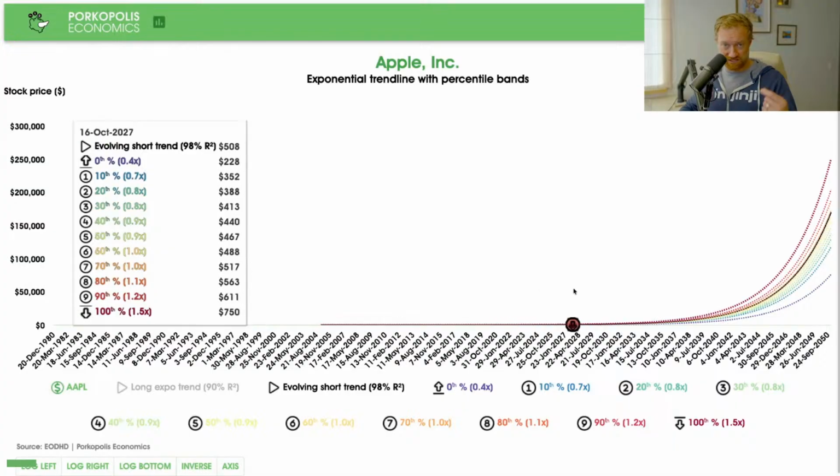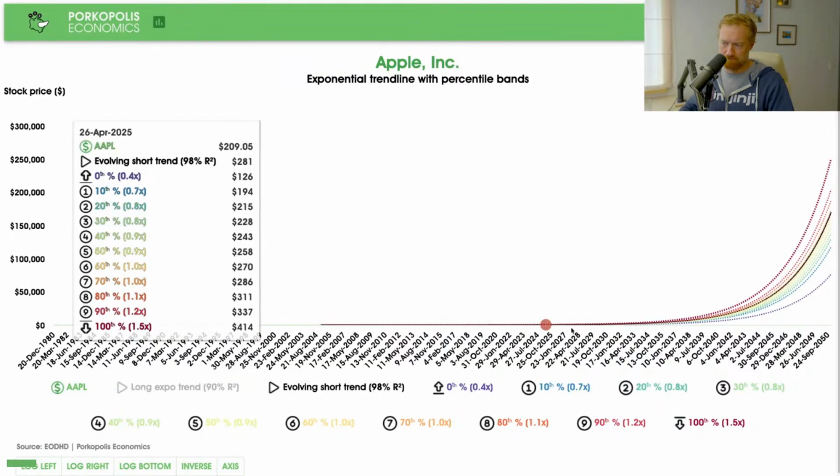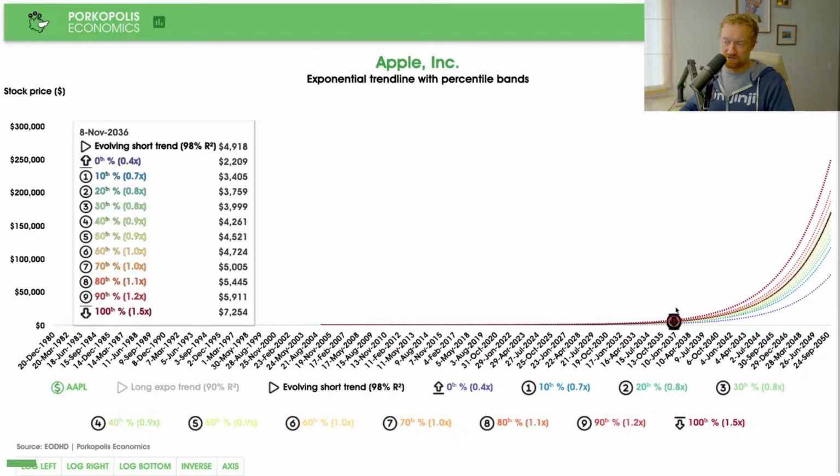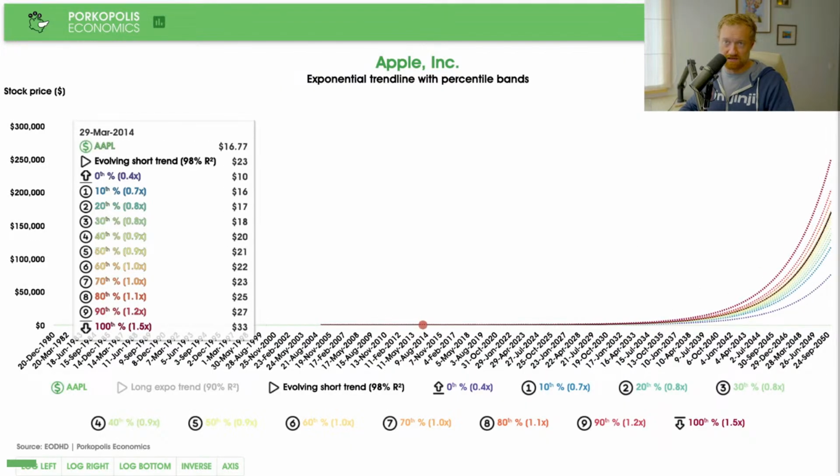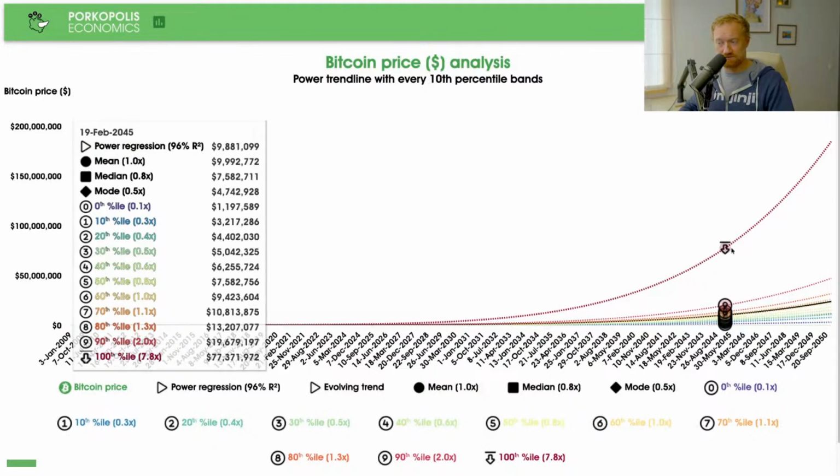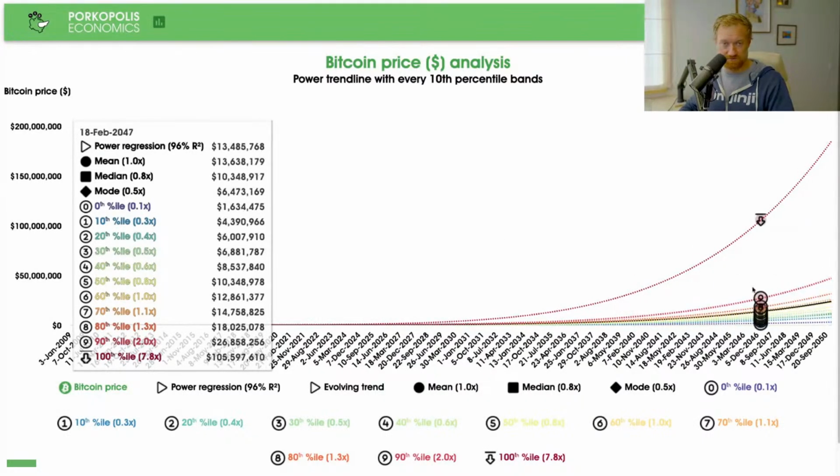But since Apple continues at that rate, which is 20% or so, I need to actually check the math again. Don't have it off the top of my head. Over the long term, Apple will really fly, and you get this sort of hockey stick. But with the Bitcoin power trend, it's very gradual on linear scale.